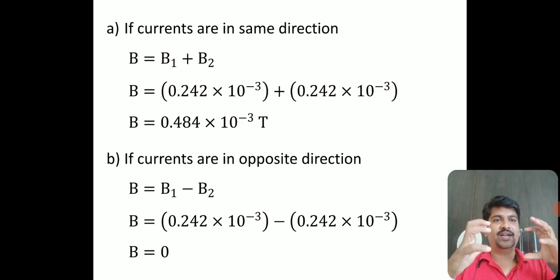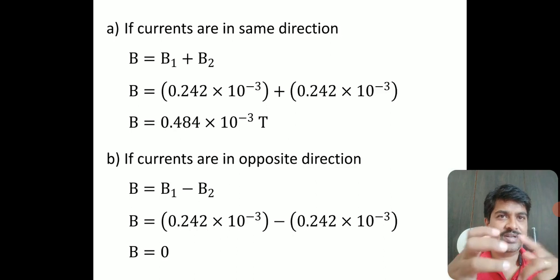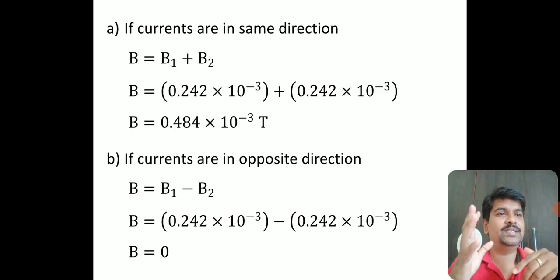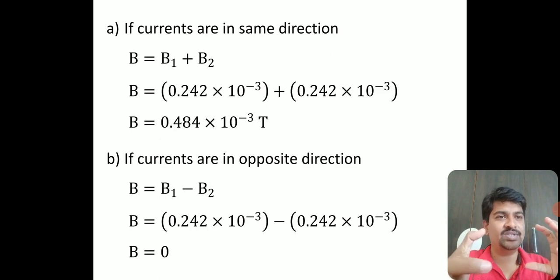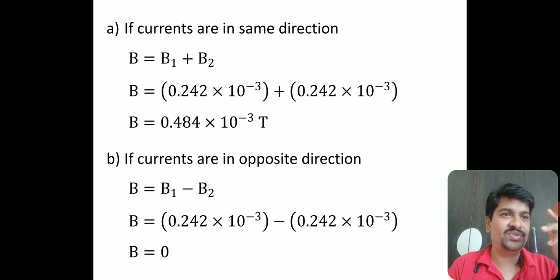If currents are in the same direction, the net magnetic field will be simply B1 plus B2. If currents are in the opposite direction, the net magnetic field will be B1 minus B2. Be careful while substituting in these two cases.